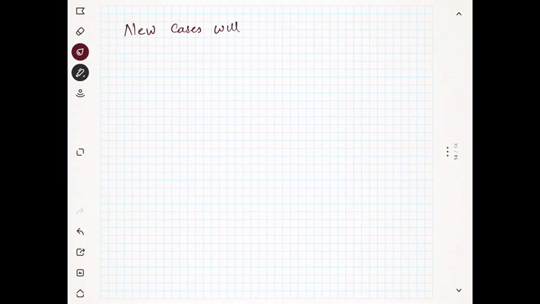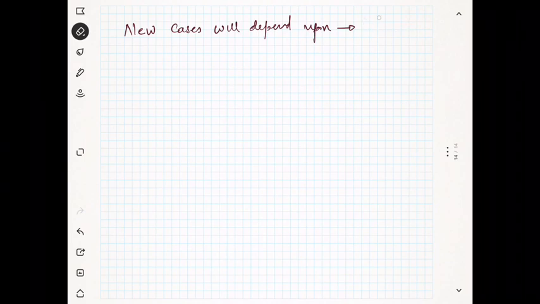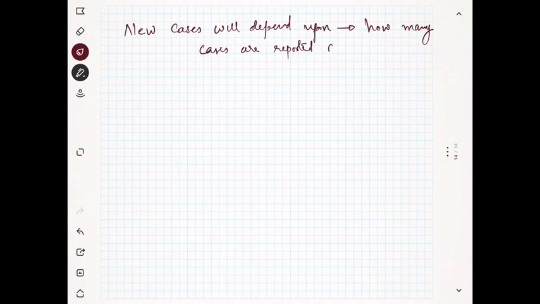So you can say that the new cases will depend upon how many cases are reported currently, right?